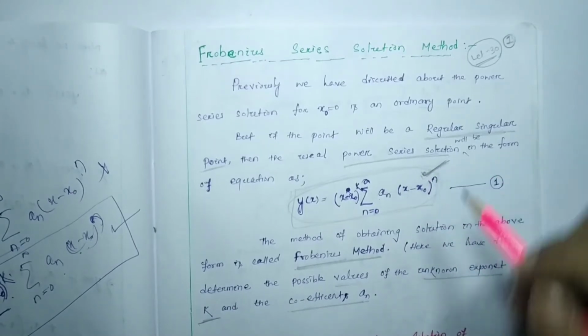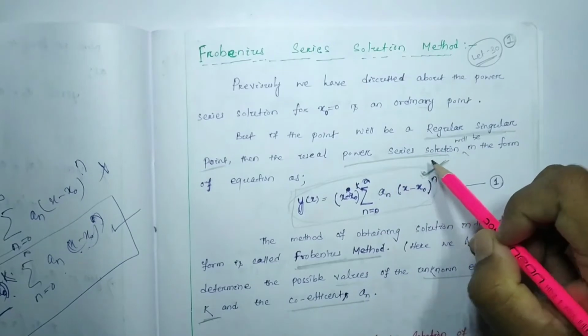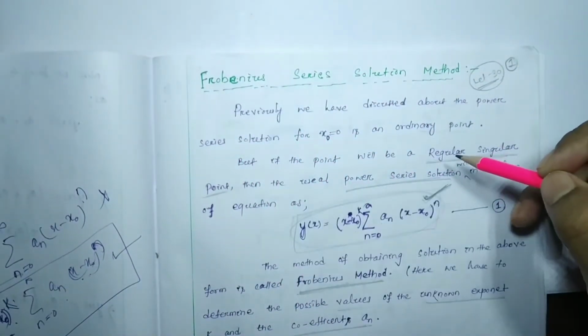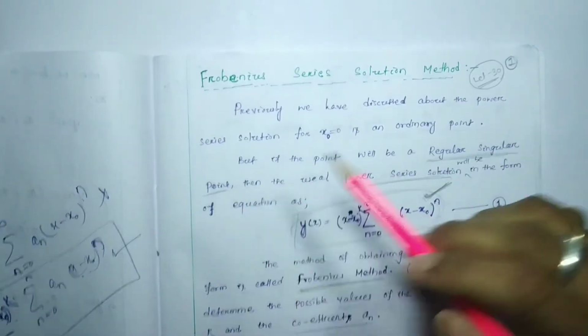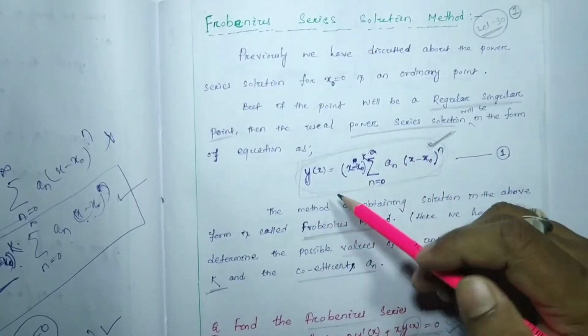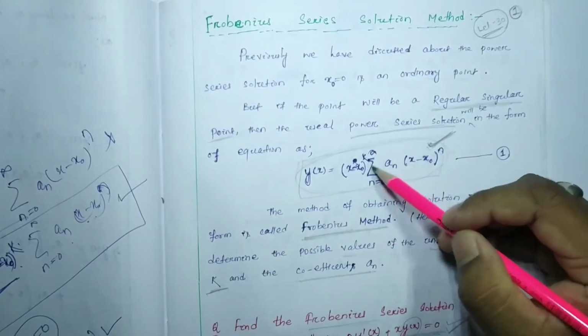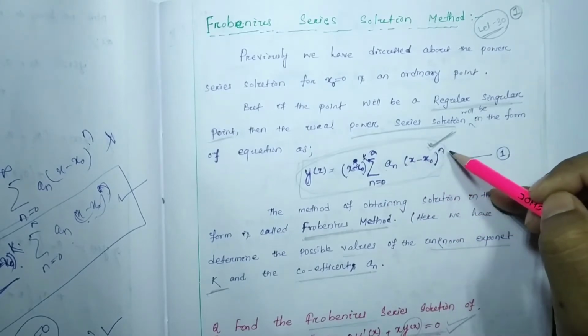So in general, the power series solution by Frobenius method of a differential equation about a regular singular point can be written as y(x) equal to (x minus x0) to the power k, summation over n equal to 0 to infinity a_n (x minus x0) to the power n.